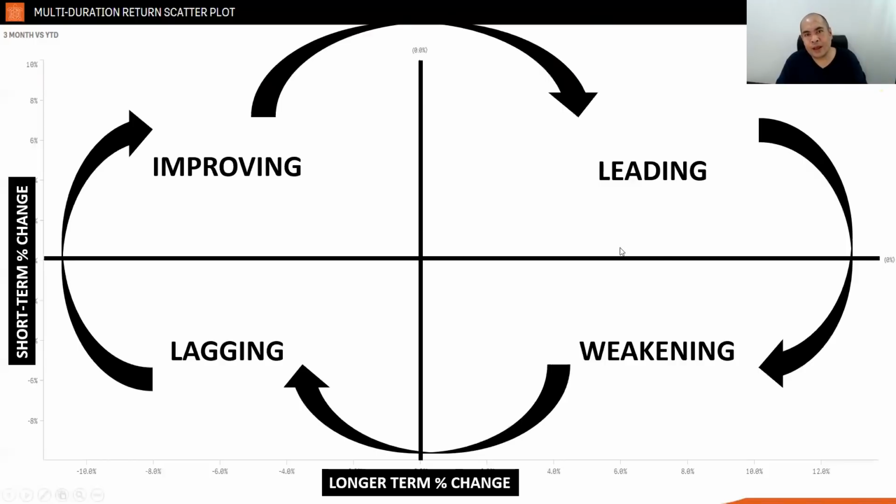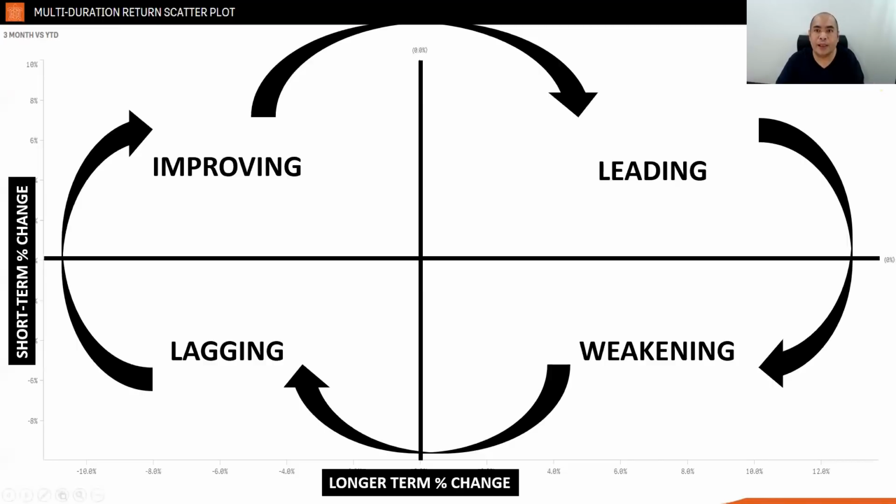So to put it another way, what you will basically see if you keep reviewing how various securities move through a multi-duration Scatterplot return like this, is that your leaders, while they will have a longer duration of outperformance, at some point they will start to weaken.